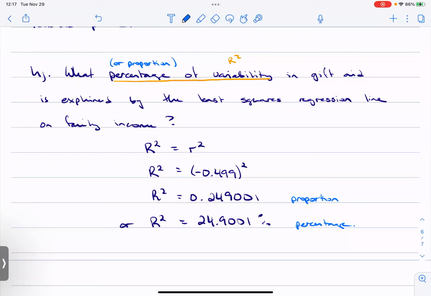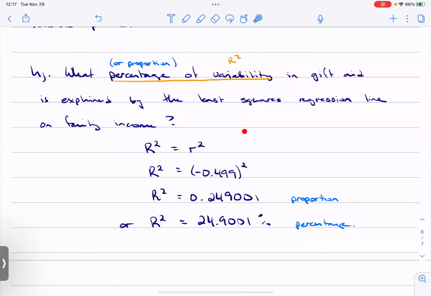The other way that this question could have been set out in the beginning is I give you the scatter plot, and instead of the summary statistics, I only give you the two means and the two standard deviations and not the correlation. But then one of the first things I tell you is that, for example, 24.9% of the variability in gift aid is explained by the least squares regression line on family income.